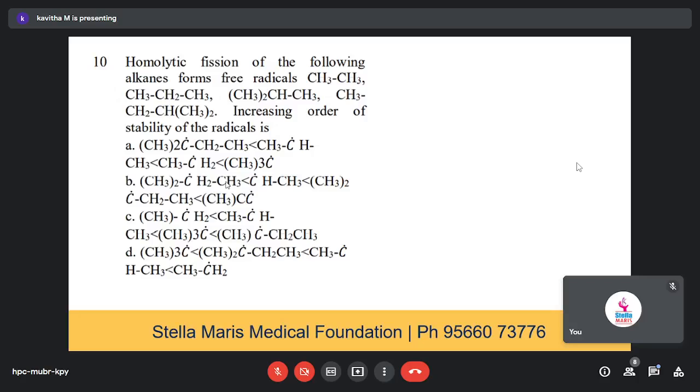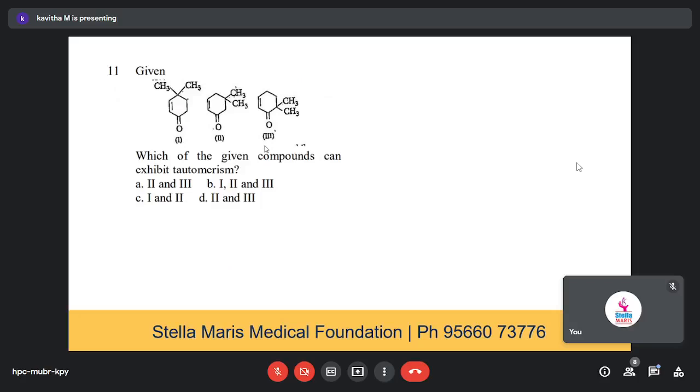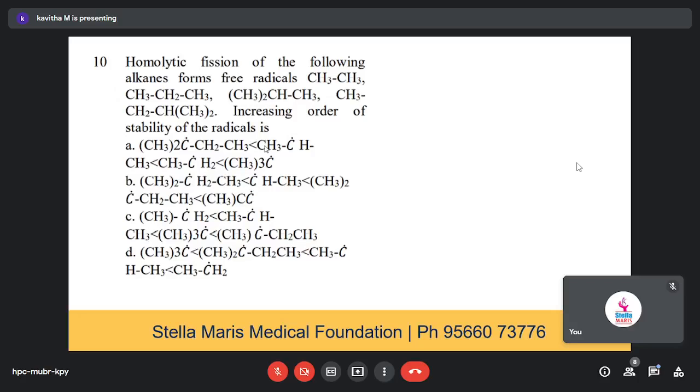The increasing order of stability of the free radicals are, which will be highly stable? Tertiary.